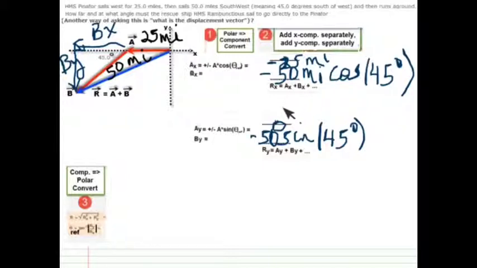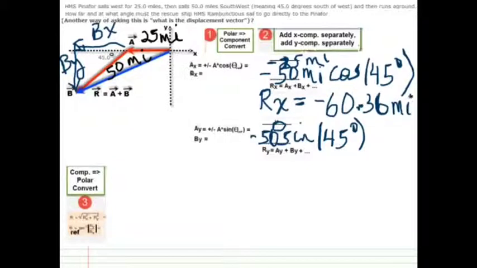And then we add the x components separately, and that is equal to minus 60.36 miles. We carry one extra significant figure for the problem. So we carry 4 so as to not propagate round off error.